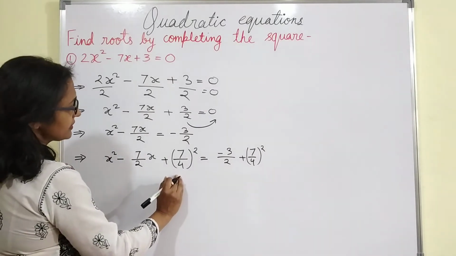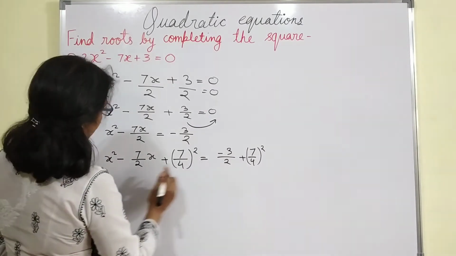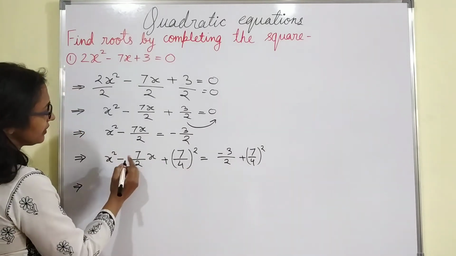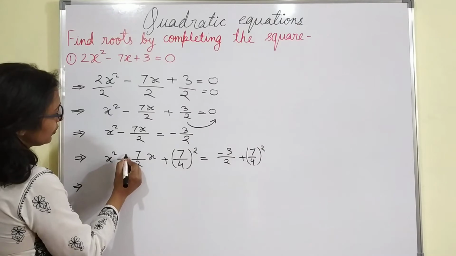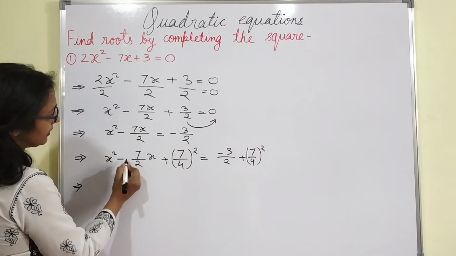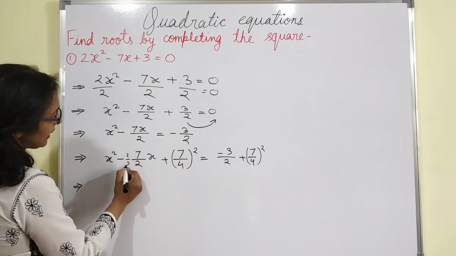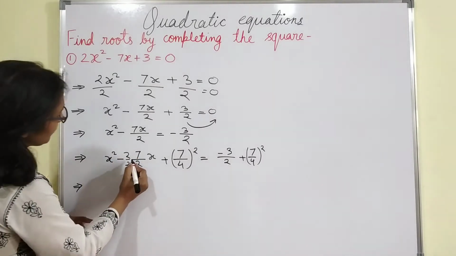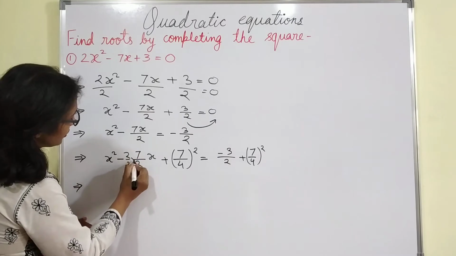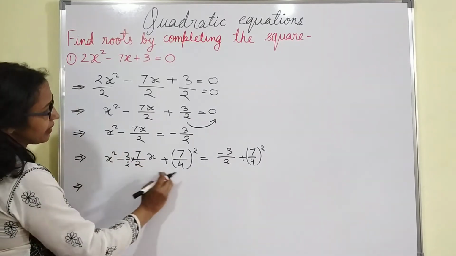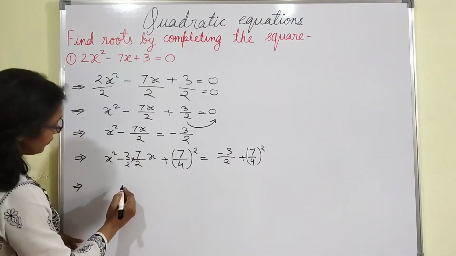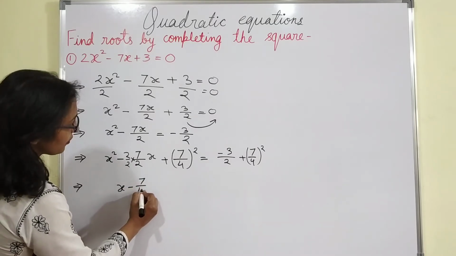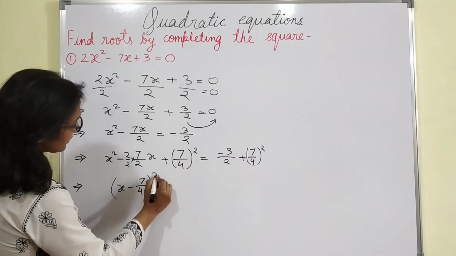So this equation is becoming, see, look here, if I multiply 2 here and here, 2 and 2, it will become an identity, x minus 7 upon 4 whole square.